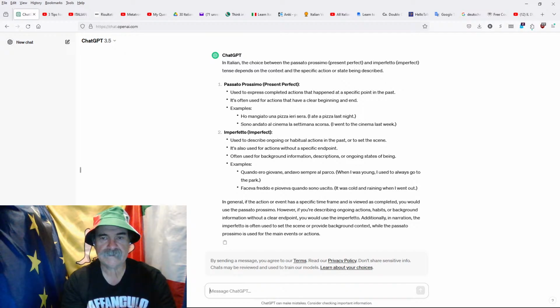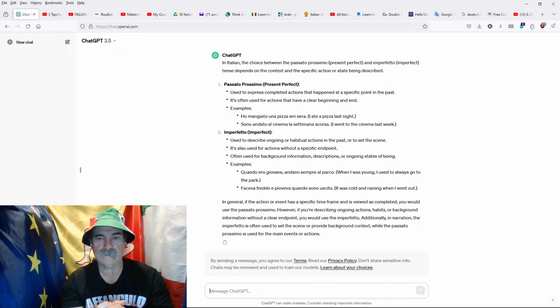Sono andato al cinema al settimana scorsa. Imperfetto is used to describe an ongoing or habitual action in the past, or to set a scene. It's also used for actions without specific endpoints, often used for background information, descriptions, and ongoing states of being.